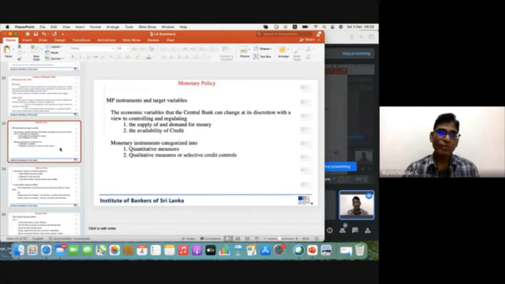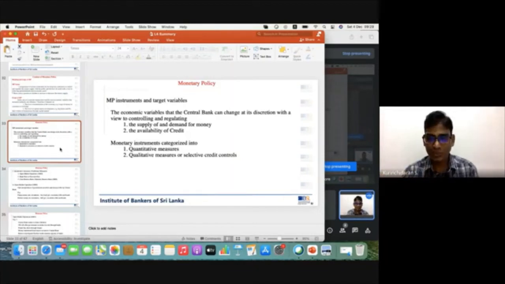Right? So the central bank can choose any variable at its discretion to control the supply of or demand for money, right? Money supply or money demand. They can choose any variable to control, and then availability of credit.